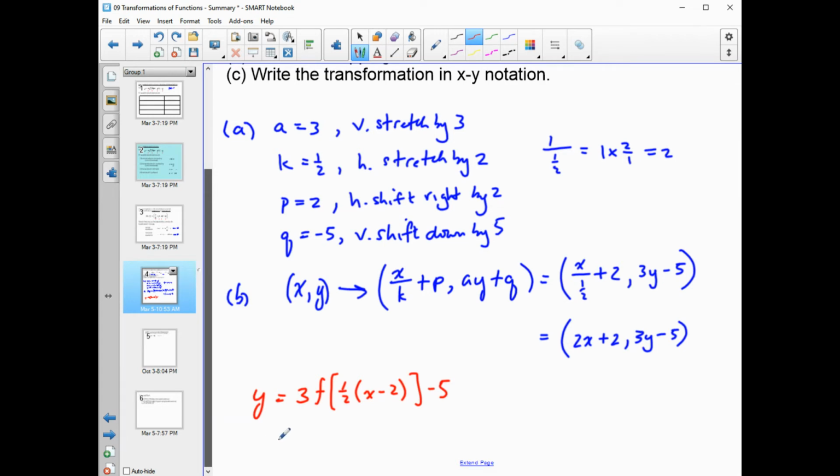I could write this in another form, and it would no longer be what we consider to be a standard form, which is I'm actually going to expand and simplify this inner bracket. 1/2 times x is 1/2 x, and 1/2 times -2 is -1.